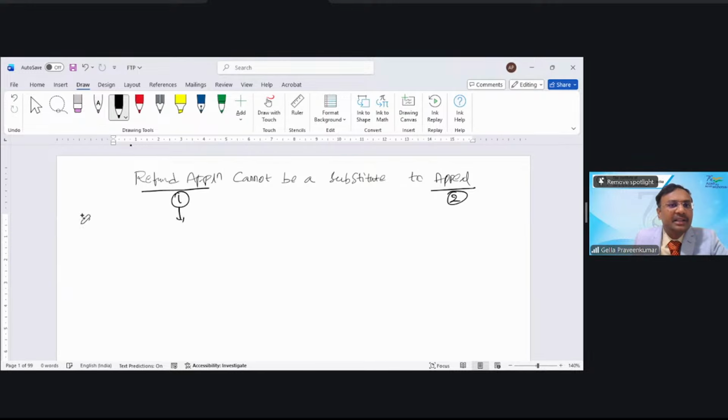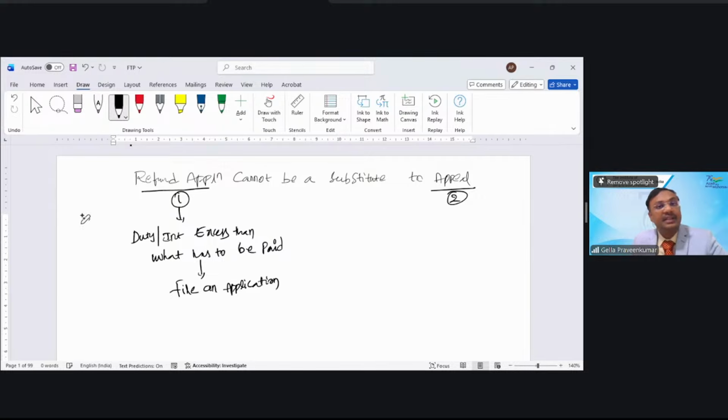Why does a refund application come into the picture? When I have paid duty or interest in excess of what has to be paid, then I file a refund application.